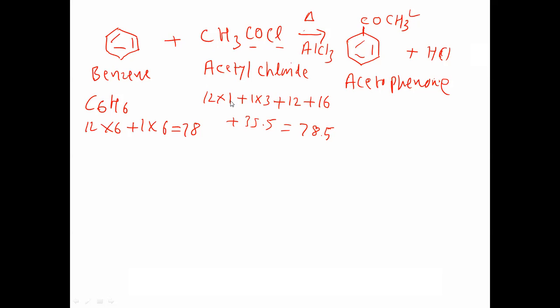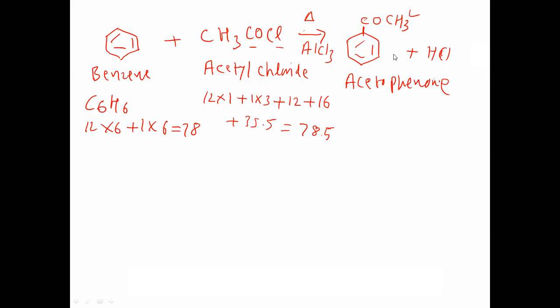So 12 into 1. Okay. Then I look at hydrogen, three hydrogens. So one hydrogen is 1 into 3. Plus one carbon means 12. Plus one oxygen. One oxygen means 16 and one chlorine atom means 35.5. So when I add them together, I got 78.5.